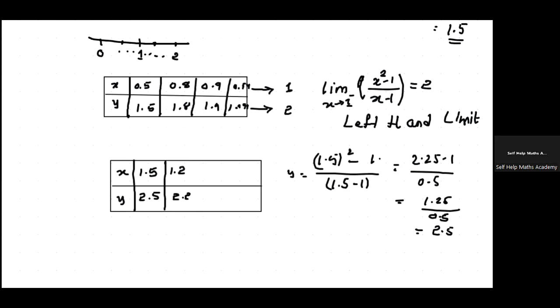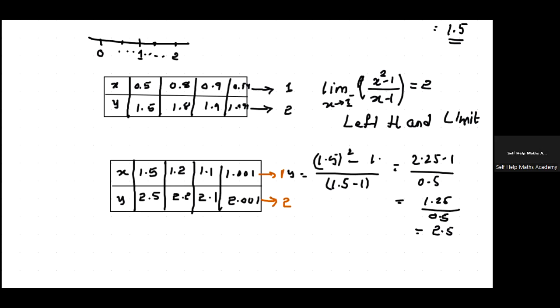If I put 1.1, the value will be 2.1. And 1.001, if I consider, it is 2.001. In this case also, you can observe, as I'm approaching very near to 1, this value is also approaching 2. So here from the right hand side, as x approaches 1, y approaches 2.